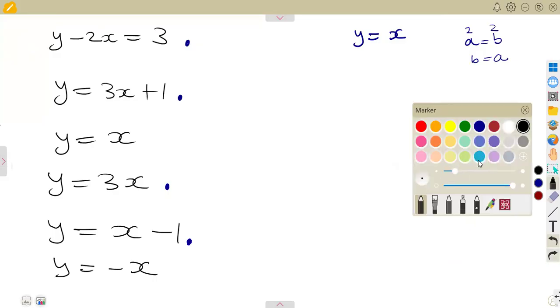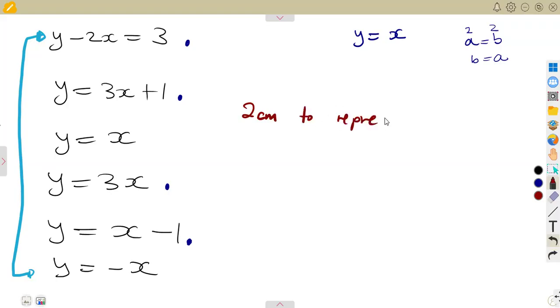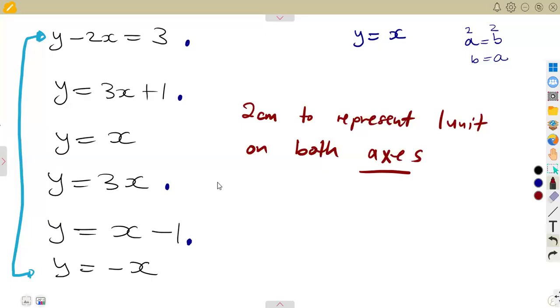Let's use the scale of 2 centimeters to represent 1 unit on both axes, meaning y and x together.